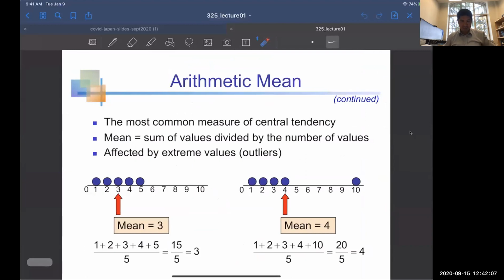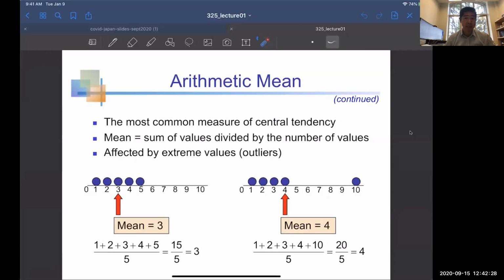So, arithmetic mean. We want to think about the advantages and disadvantages of the arithmetic mean as a measure of central tendency. The arithmetic mean is very simple and intuitive because you're used to it.